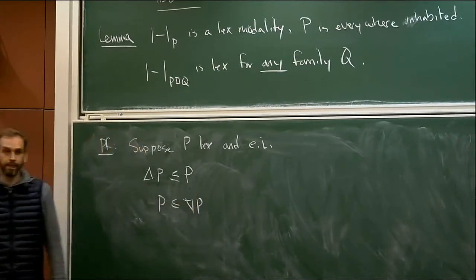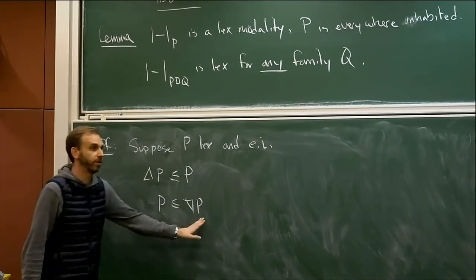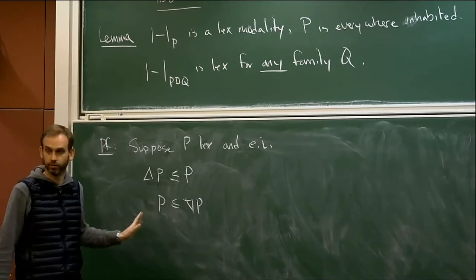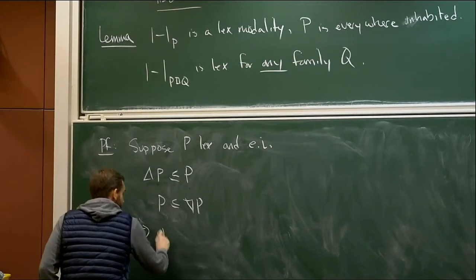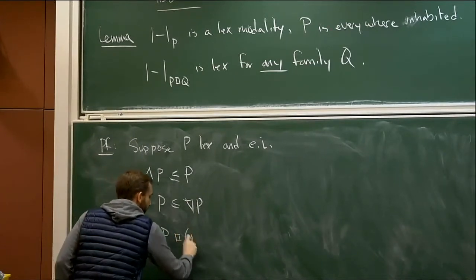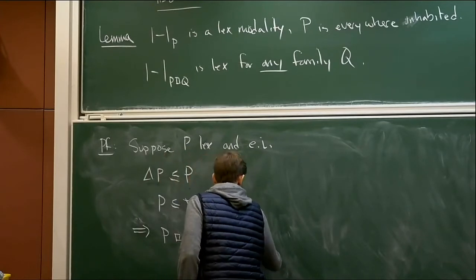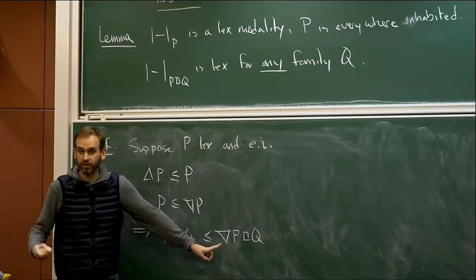Okay. But now, for any Q, boxing with Q preserves inequalities. That's something which is easy to see by orthogonality. So this implies that for any Q, I have P box Q is less than or equal to the codiagonal of P box Q. But the codiagonal we saw was boxing with S naught.